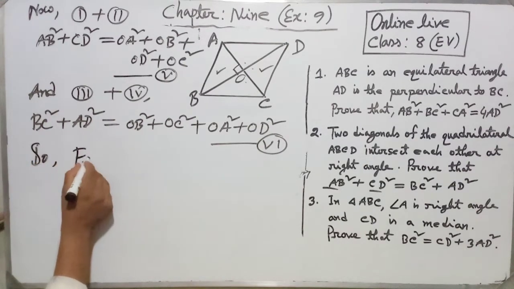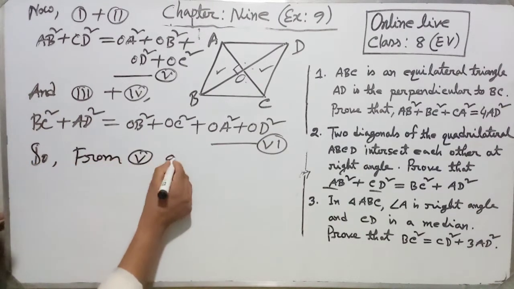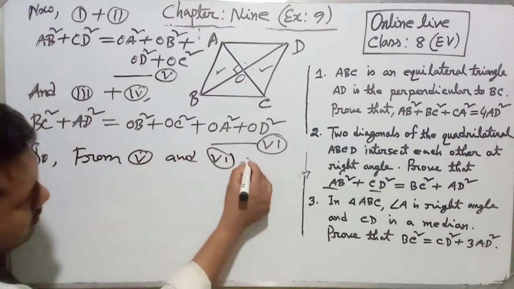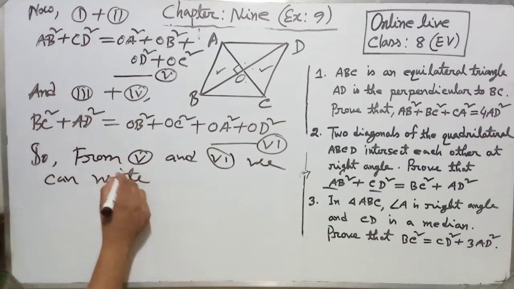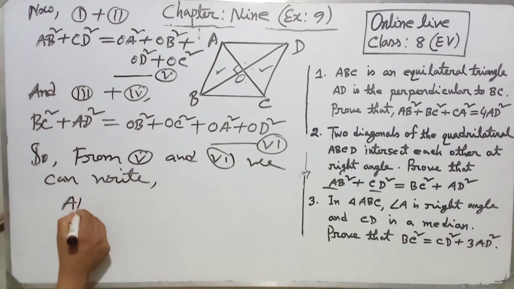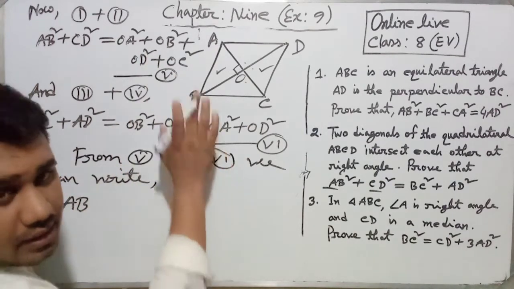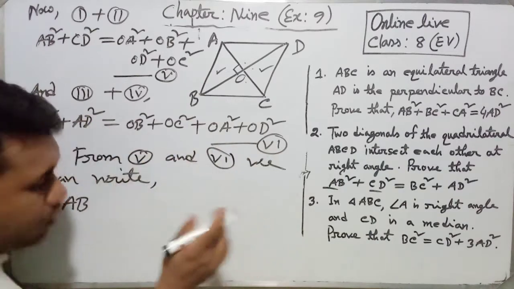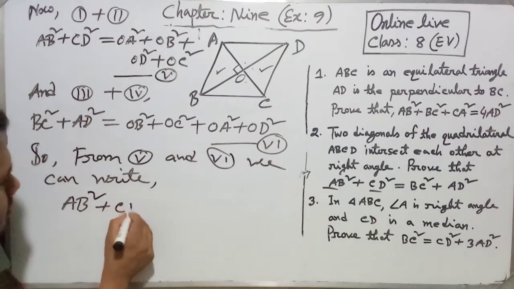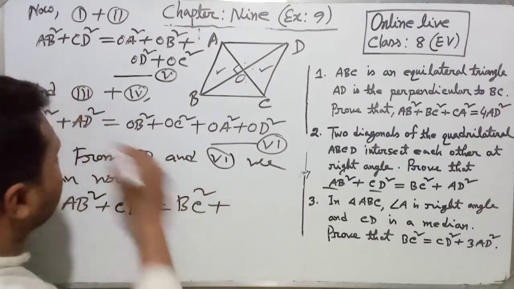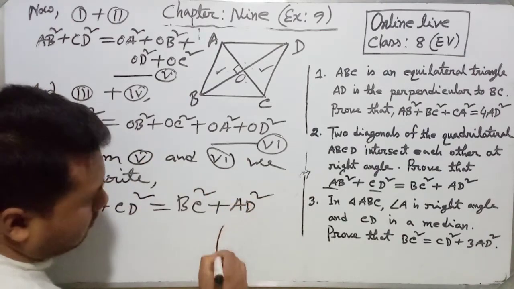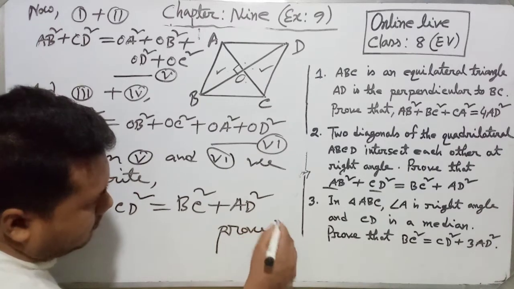So from 5 and 6 we can write, right side they are equal, so left side they will be also equal. So we can write AB square plus CD square equal BC square plus AD square. So we can say it's proved.